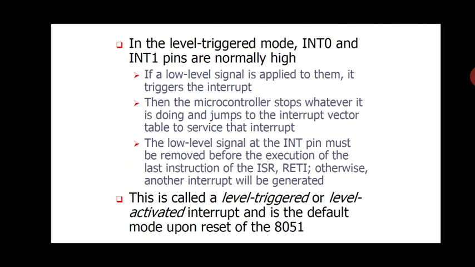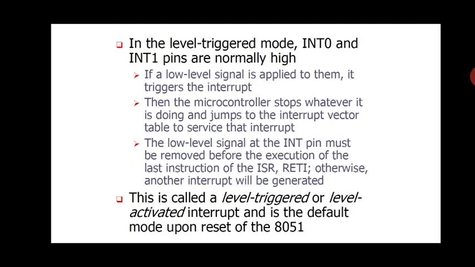The low level signal at the INT pin must be removed before the execution of the last instruction of the ISR. Whenever the microcontroller jumps to the specific location for INT0 and INT1, when it is completed or about to complete, it has to disable that interrupt.